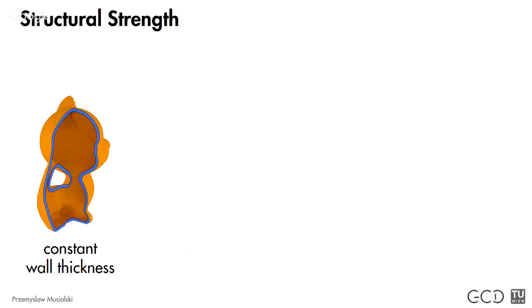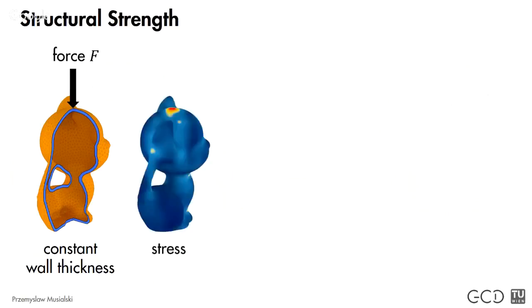So another example we have done is this optimization of structural strength. When you 3D print an object with a constant wall thickness, you could apply some force on top of it, and depending on the force, it will withstand it up until some certain value of the force.